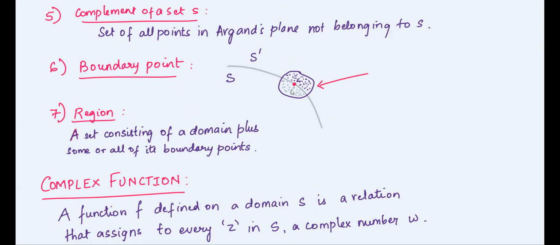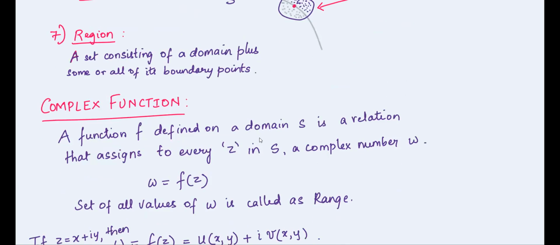The boundary point is such that its neighborhood will contain points of S and will contain points of S complement. That is a boundary point. It will compulsorily, no matter how small a neighborhood you take. Region is domain plus some or all of its boundary points. So that's how a region is defined.